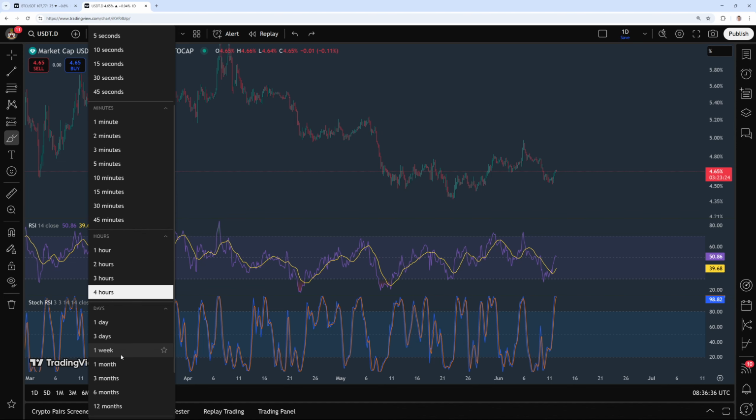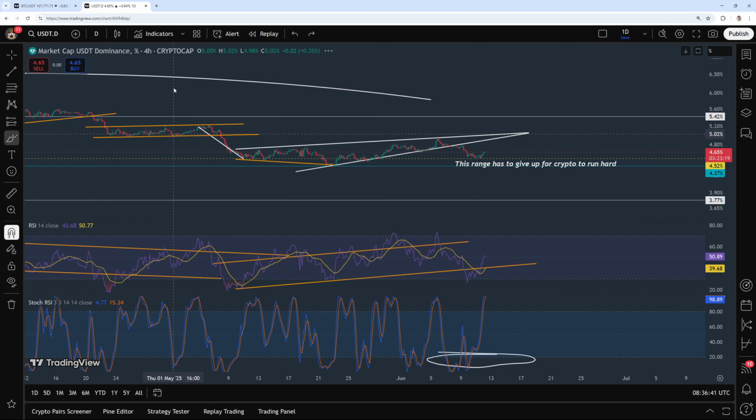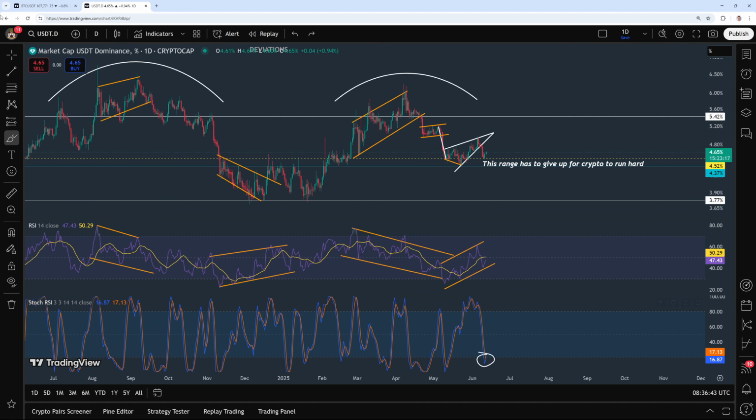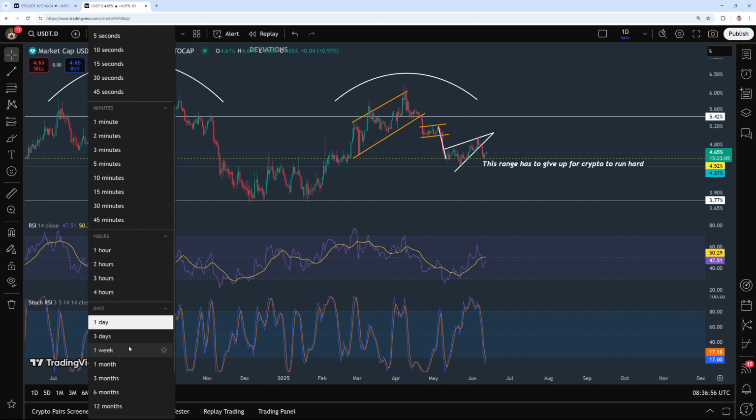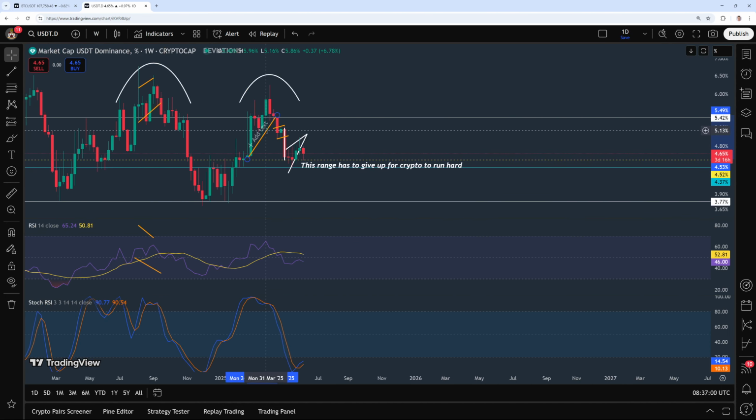But that's why I play the high time frame. Let me do this for a second and go back to all these indicators, right? I'll remove this for a second to make it clearer. I have already too many lines here. So if I go to the weekly, what we can see is this bear flag.